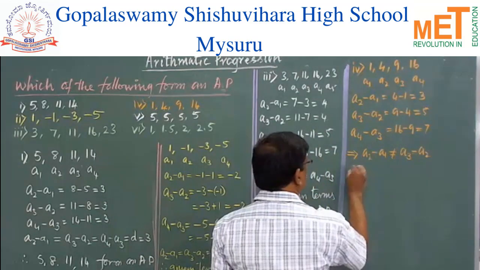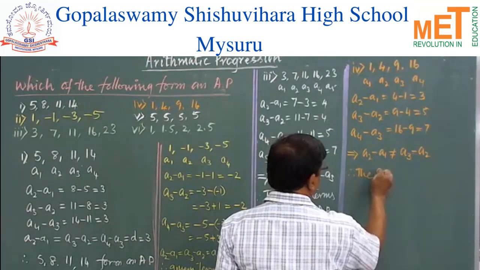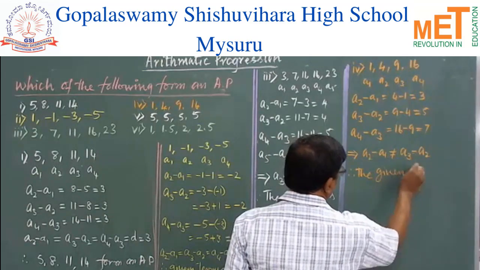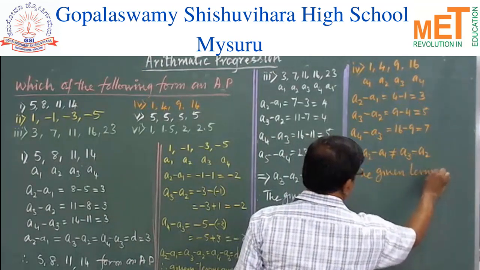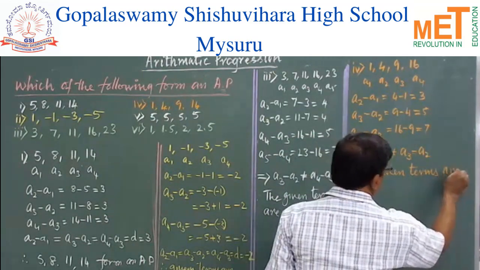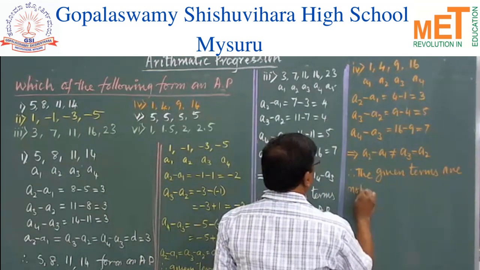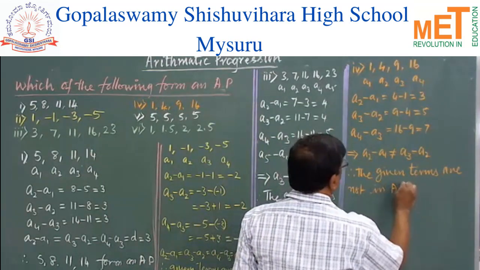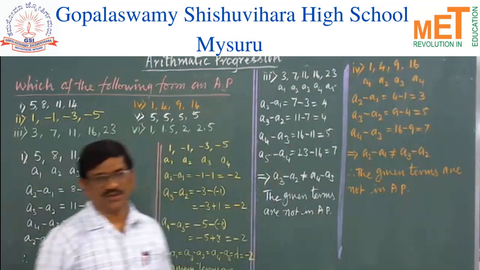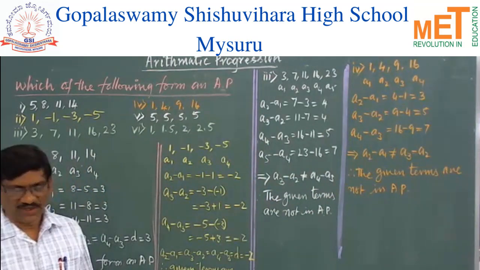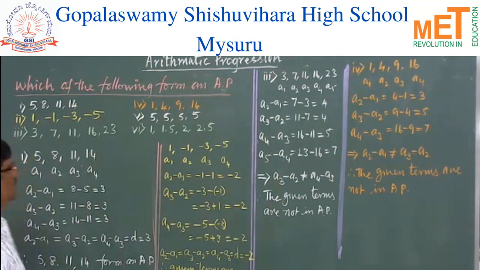Therefore, the given terms are not in AP. Understood, children? Now let us check the fifth one. I'll rub this one. I think you understood this. I think you have copied this also. I'm going to rub this.